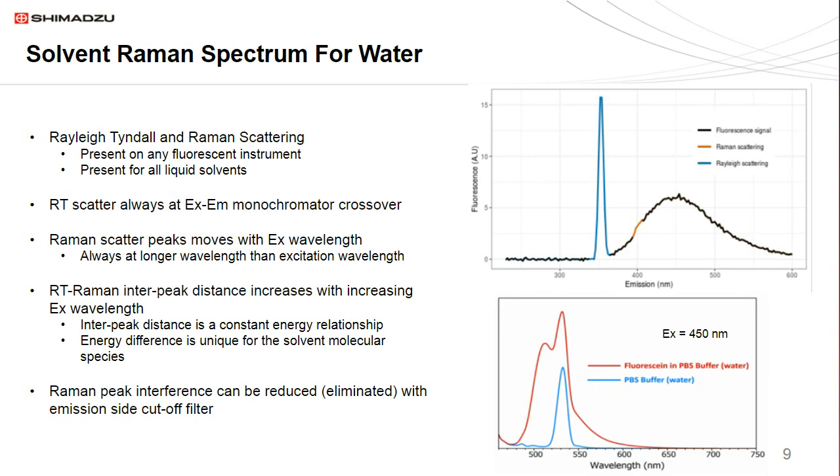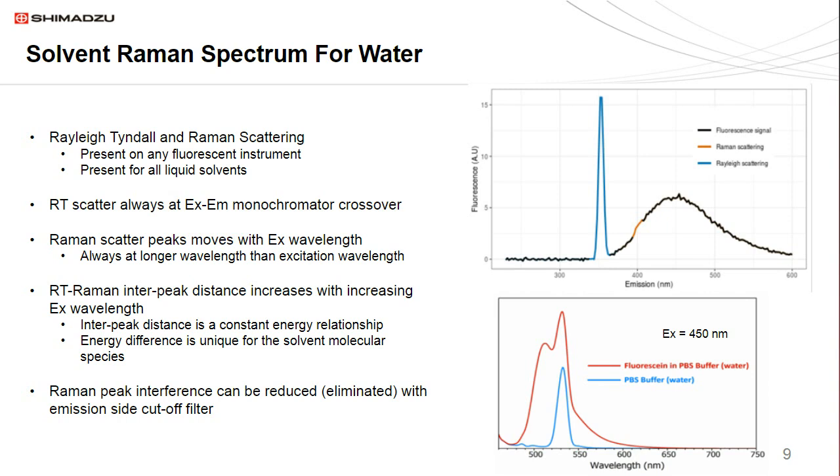And not only does it move, but it gets further and further away from the Rayleigh-Tyndall scatter peak as you move the excitation to longer red wavelengths. This is because Raman scattering literally is an energy-dependent relationship, not a wavelength-dependent relationship. So it literally moves further away from the Rayleigh-Tyndall scatter peak.